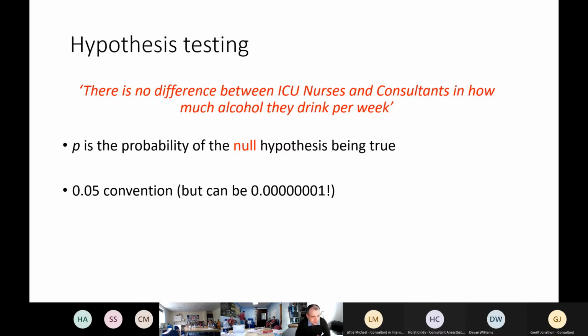And if you think about 5%, if you said to a patient there's a 5% risk of death from this operation, they'd be a bit concerned. We would consider that a high risk operation, but in statistics in medicine, we accept 5%. So that does mean, and this becomes important later, that 1 in 20 times, if you do the experiment 20 times, you'll prove the null hypothesis.